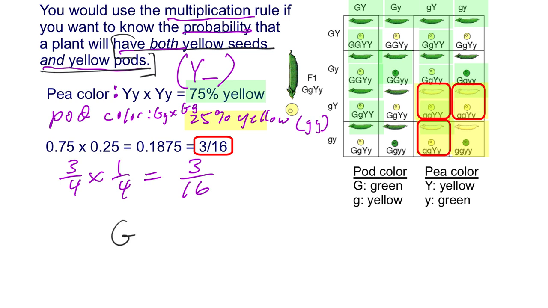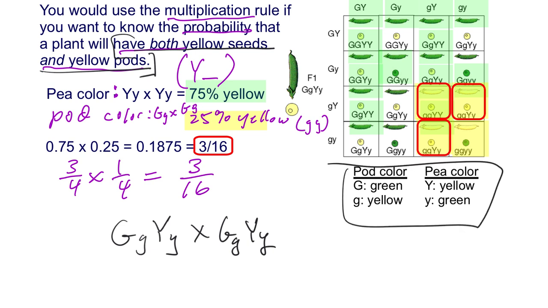In a cross like this, here's the legend telling you for pod color and pea color. So on this cross, how could you have both yellow seeds and yellow pods?